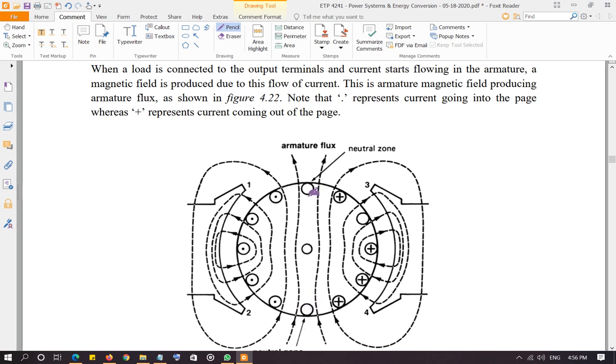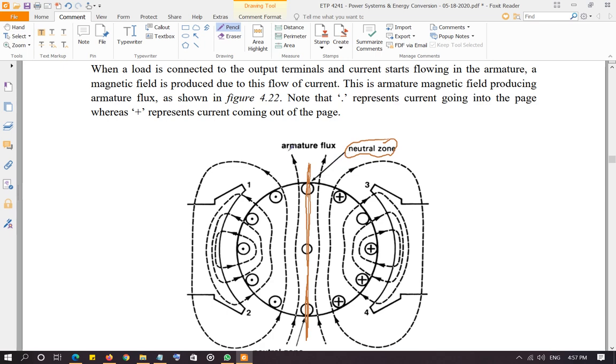That imaginary plane where no voltage is induced because no flux is there is called the neutral zone, which is right here. So you always put your carbon brushes at the neutral zone, because the coil that is shorting out those commutator segments will always have 0 volt. All right, so far so good.